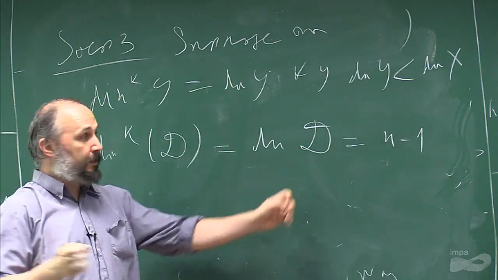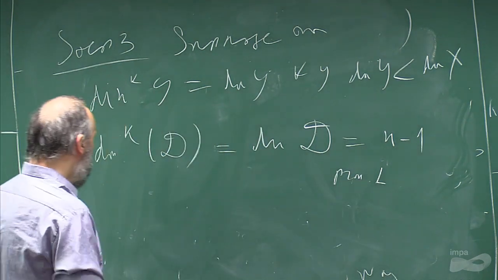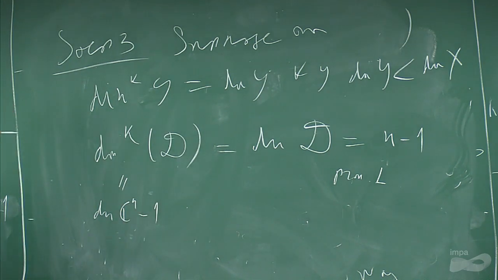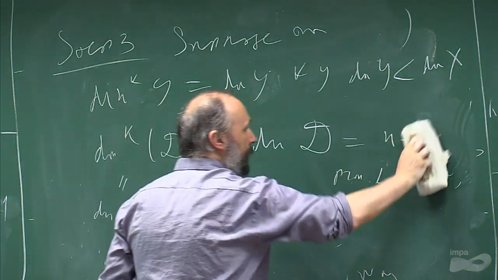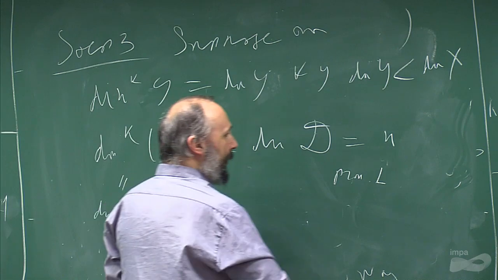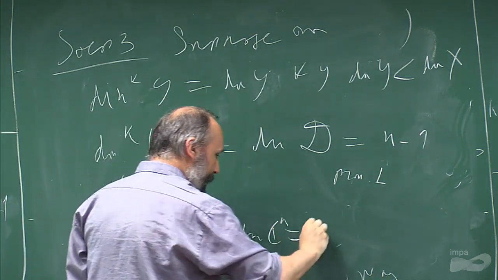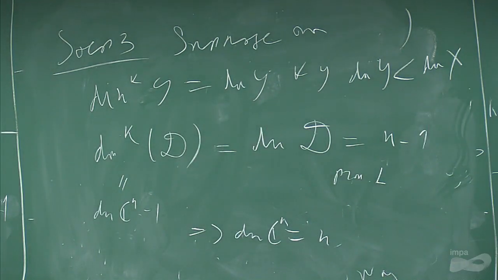This is what we proved, it's Proposition 1 in this lecture. And this we also know: it's dimension of C^n minus 1. But the dimension of C^n is equal to n, just adding 1 to these two parts.